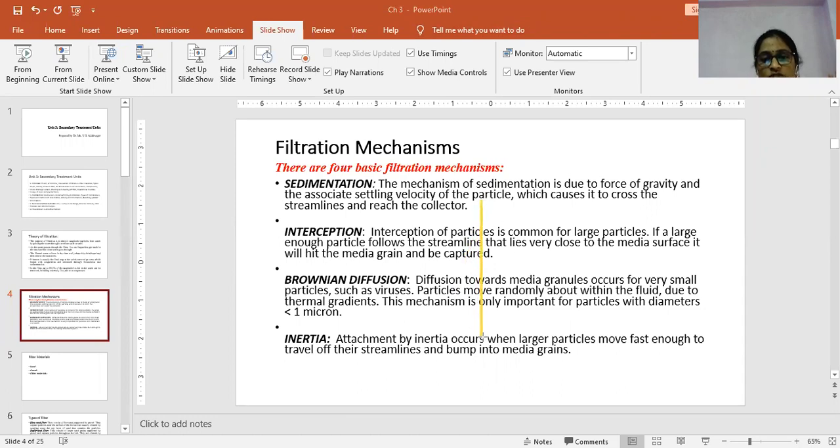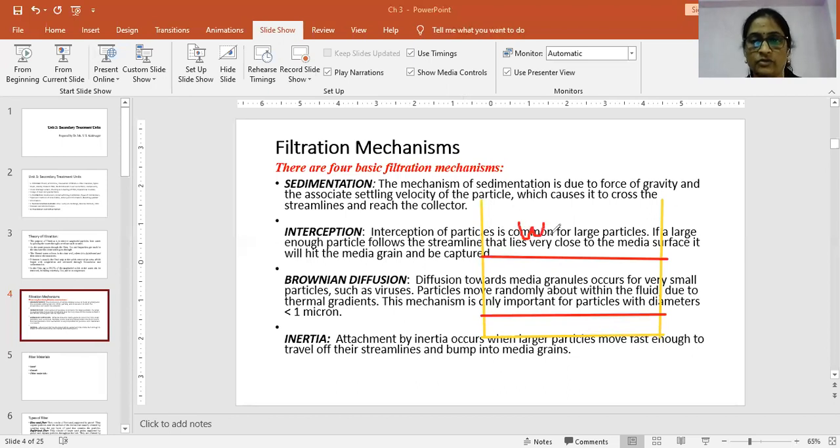Okay, you can assume this is a filter. Then this may be the bed of the filter, that is sand particles you can say, and this will be the water.